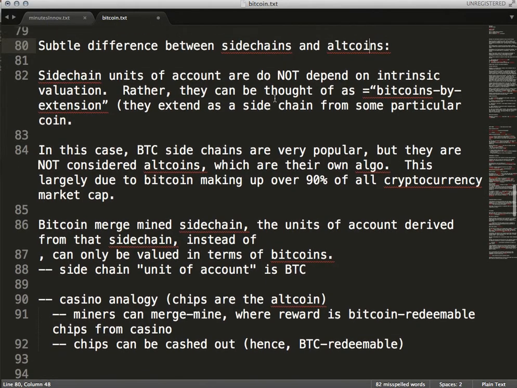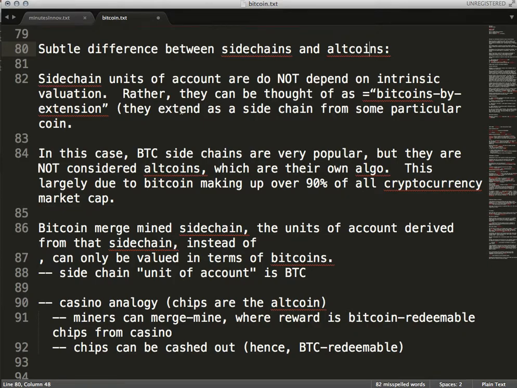So, a sidechain is interesting because, unlike an altcoin, which is its own entity, a sidechain is a branch upon Bitcoin. Now, you can consider these Bitcoin by extension, thus, they extend from a sidechain. So, in this case, Bitcoin sidechains can become very popular.